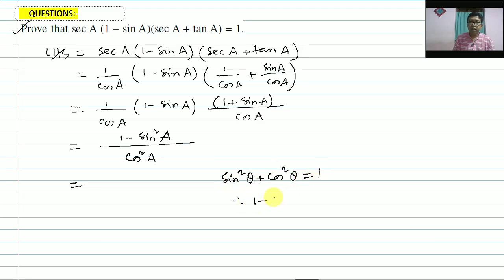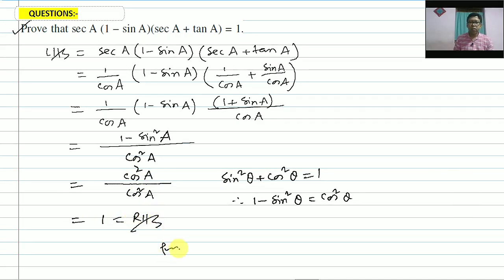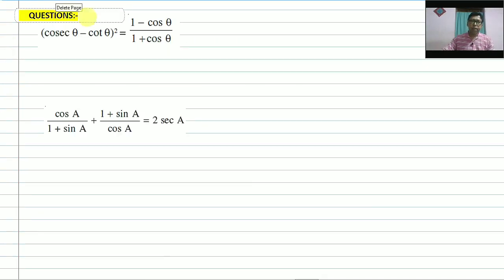So 1 minus sin square theta is equal to cos square theta, isn't it? So you may replace the numerator and you will get cos square a divided by cos square a, equal to 1. It is your RHS. So in this way you can use the identities and will find the results very easily.